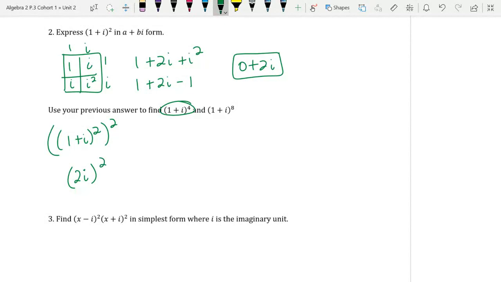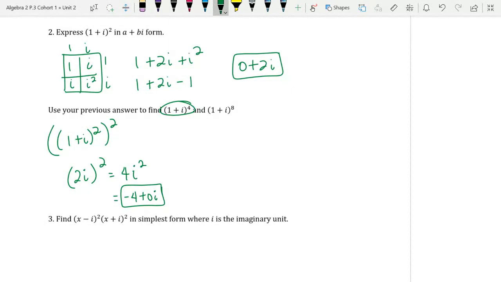So if I do 2i squared, I should get 1 plus i to the 4th power. That gives me 4i squared. Now 4i squared I can evaluate because i squared is -1, so it's going to change the sign. This is going to become -4 plus 0i.